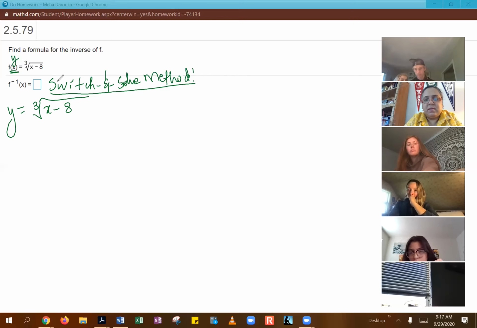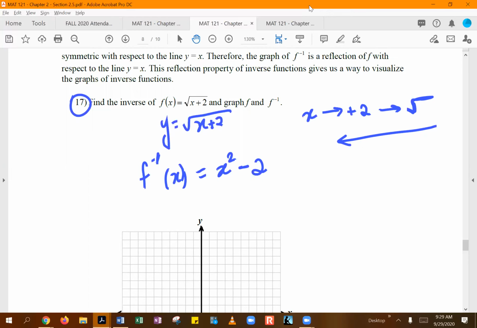So remember, in the mental method, you have to go in the reverse order and do the opposite operation. So if you did that, our inverse function would come out to be, with the x variable, since we did the square root last, we would have to do the square function first. And then since we added the 2 first, we would have to subtract the 2 last.